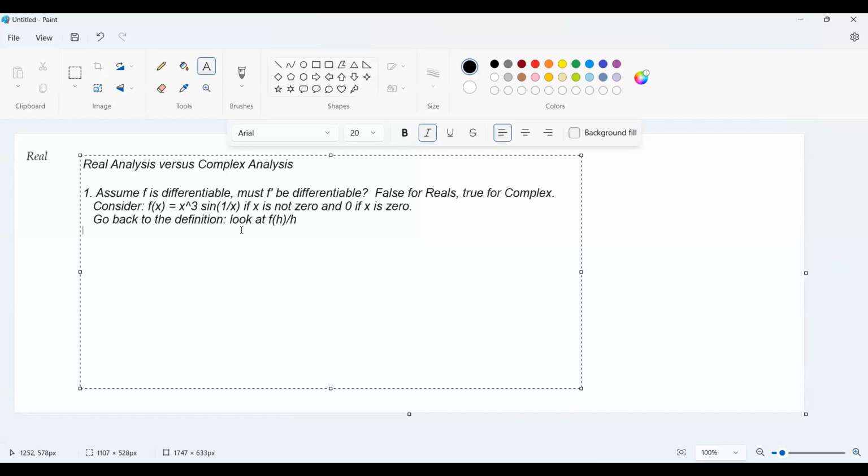Now, if we try to differentiate this twice, every time we differentiate the sine of 1 over x, it's going to give you a -1 over x squared. So, nice exercise: show f double prime or f triple prime does not exist.